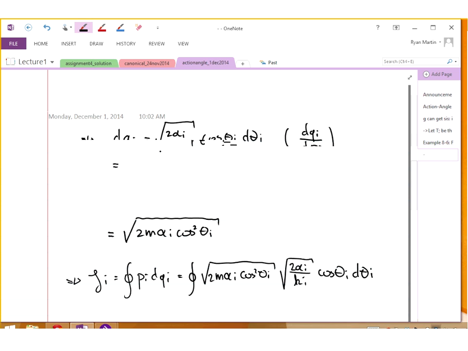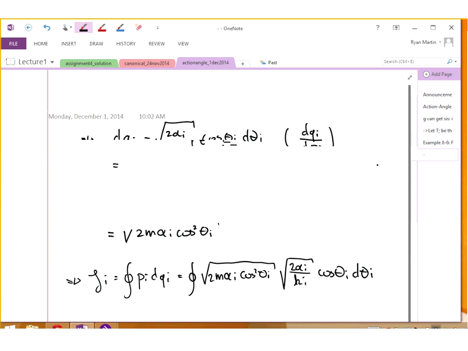So that's equal to, if I evaluate the square root, simplify, and take stuff that's constant outside of the integral, 2α_i times the square root of m over k_i, times the integral over 1 period of cos squared theta_i d theta_i, which is equal to 2α_i square root of m over k_i.